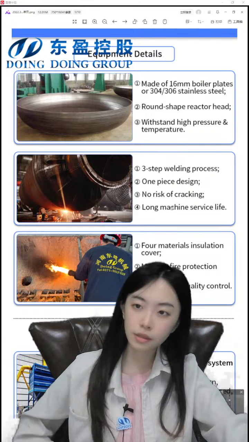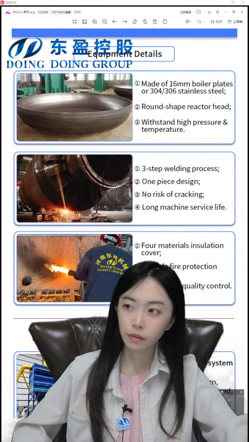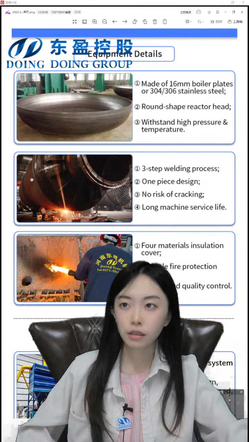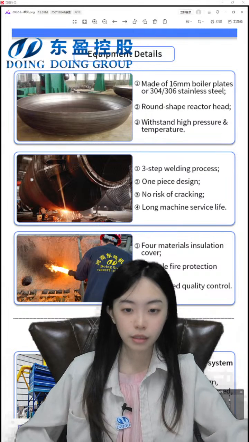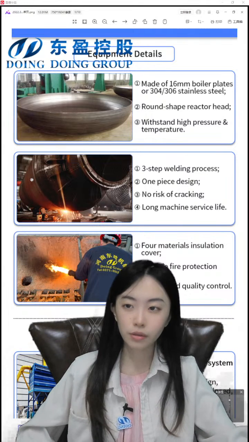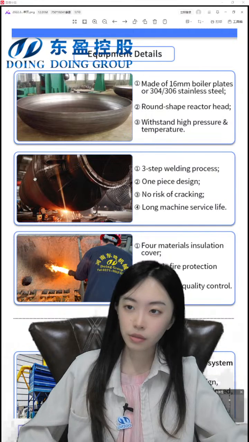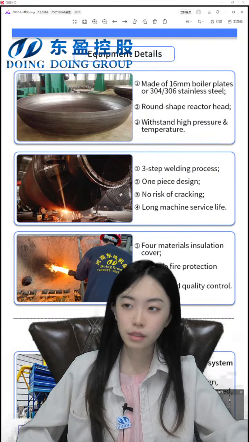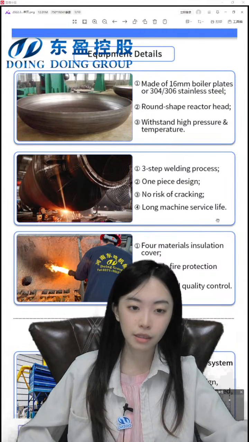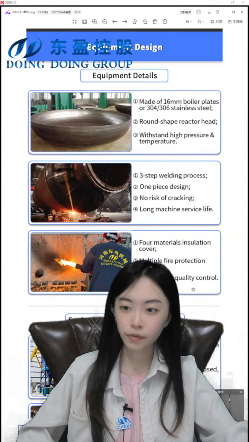This is a one-piece design using boiler plate, carbon steel, or stainless steel. So there's no risk of cracking and it has a long machine service life. This is the standard of a pressure resistant tank. It is a very high standard.